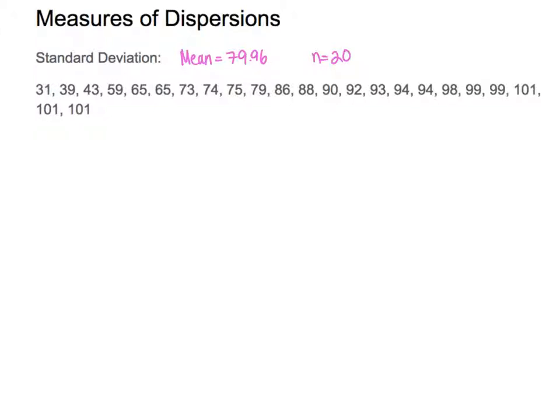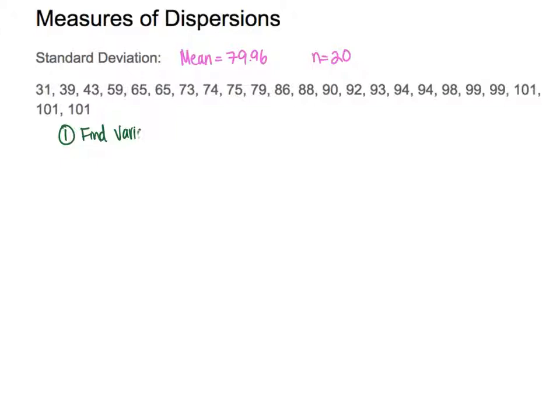To calculate standard deviation, you might remember this from Journal 69, I believe. Please watch that video if you don't know how to calculate standard deviation. The first step to calculating standard deviation is finding the variance.